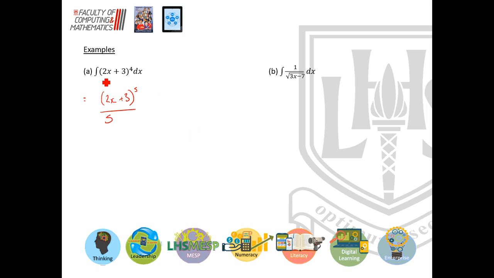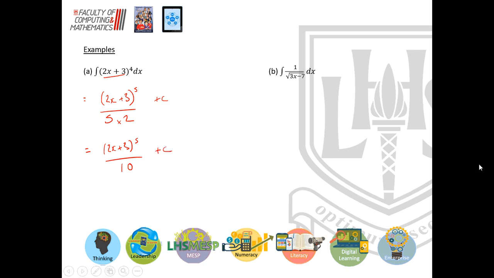The other thing we need to do is go back inside the bracket, differentiate what's there and divide by that differential. In this case the differential is just 2, so we have an extra factor of 2 on the bottom, and it's plus c, obviously, because there are no limits. So that becomes (2x + 3) to the power 5 divided by 10, plus c.